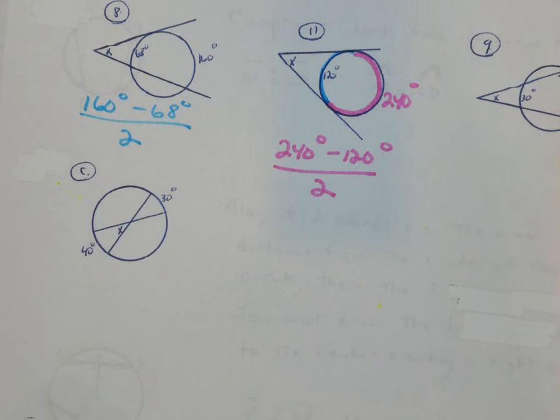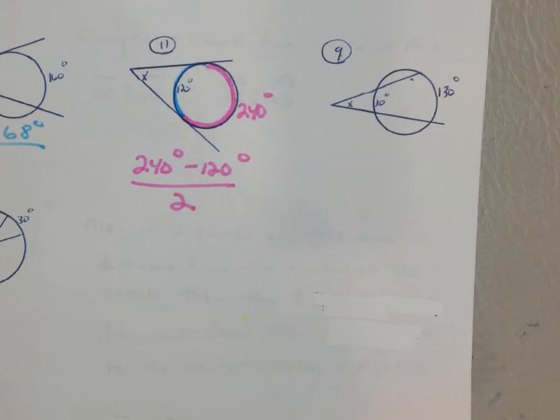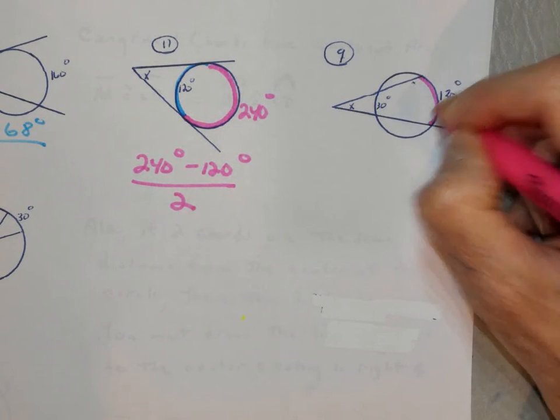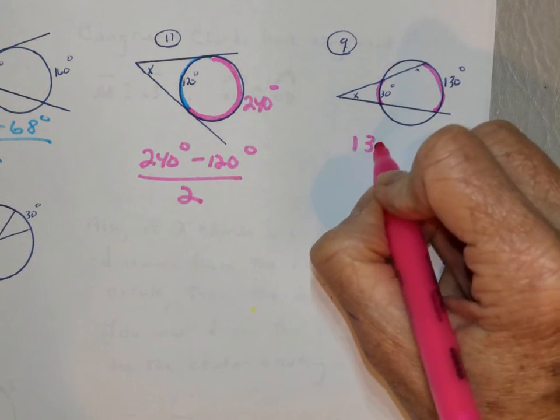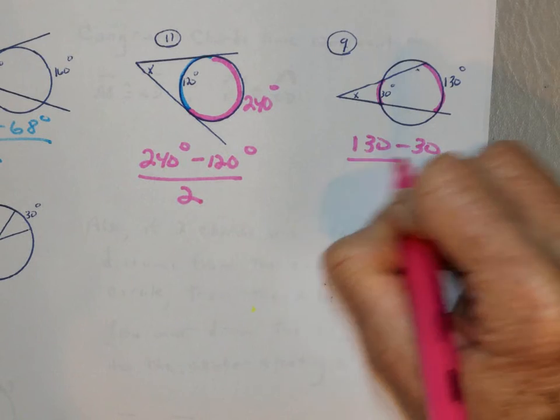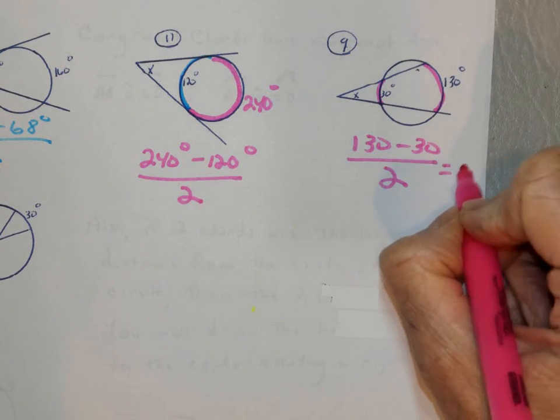Now, here we have an exterior angle, and it's made by two secant lines. And we're still going to subtract. We're going to subtract the 130 minus the 30-degree arcs. So 130 degrees minus 30 degrees, divide that by 2, and you get x.